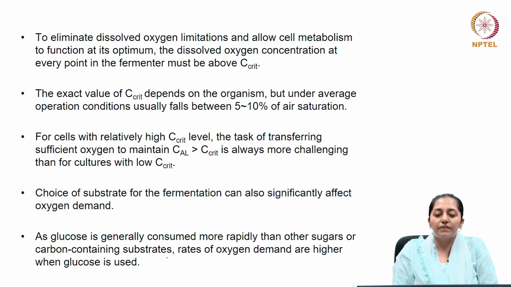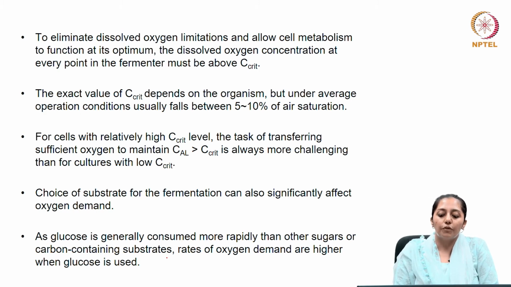Now, for cells with a relatively high C critical level, the task of transferring sufficient oxygen to keep the bulk oxygen concentration greater than C critical at all times is quite challenging in comparison to cultures which have low C critical values.